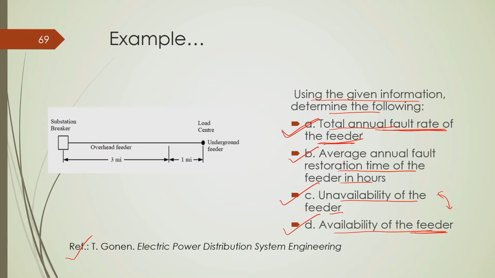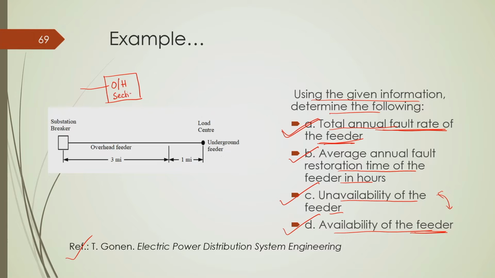To determine this, we have learned so many formulas, and we know how to determine the failure rate of a composite system. So, from that idea we have to determine what would be the failure rate of the composite system. Now, here we have 4 different systems which are connected in series. One is the overhead section, which I represent by OH.